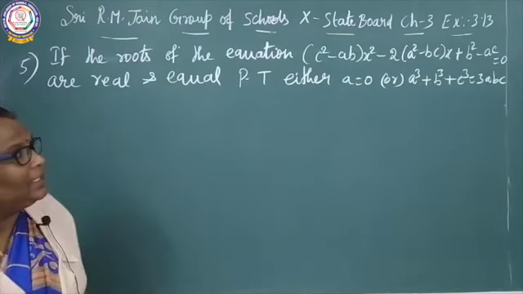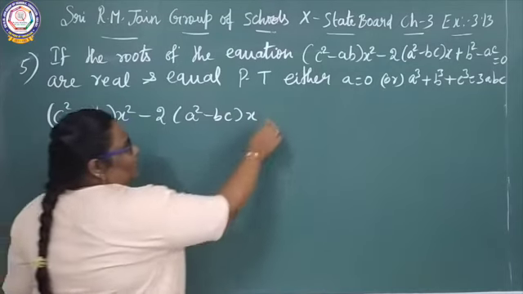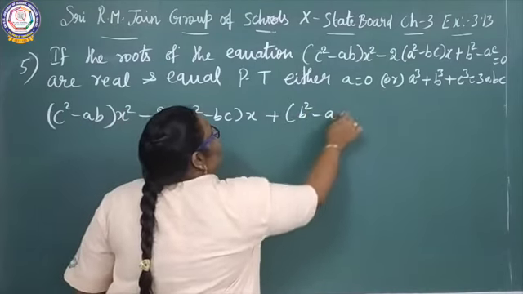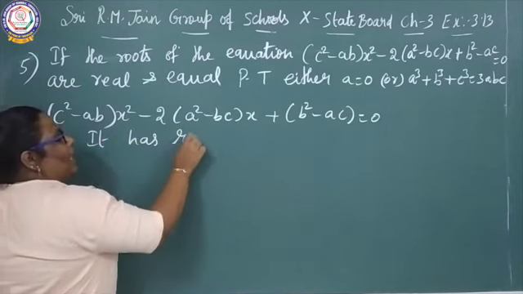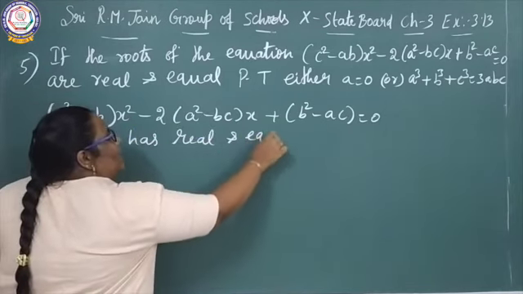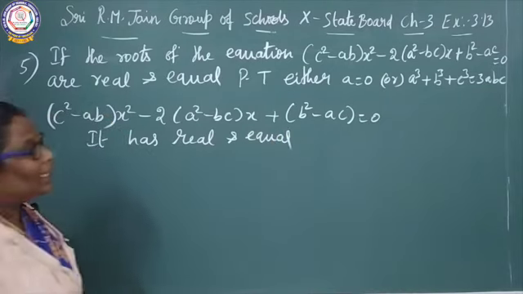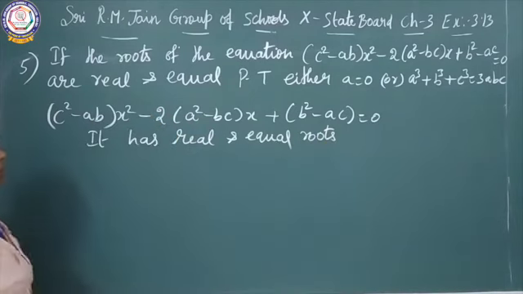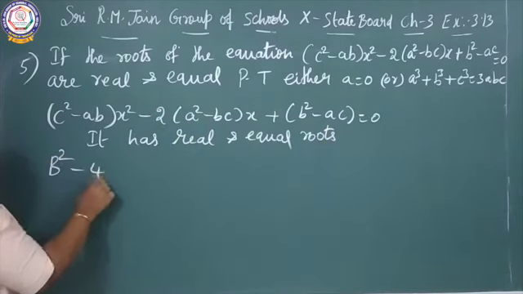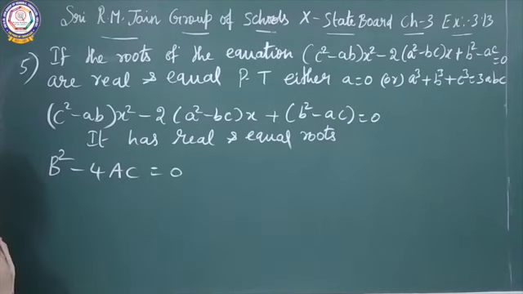It is given that it has real and equal roots. Real and equal roots means b square minus 4ac equal to 0.